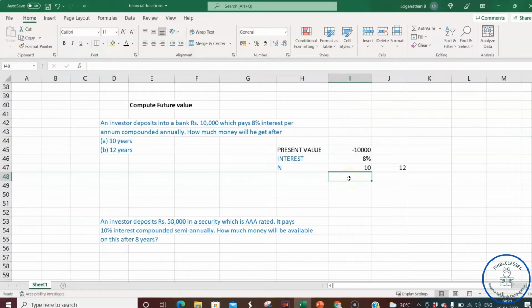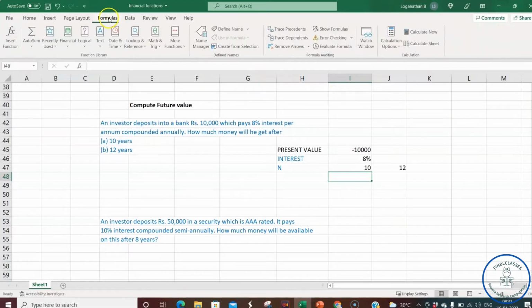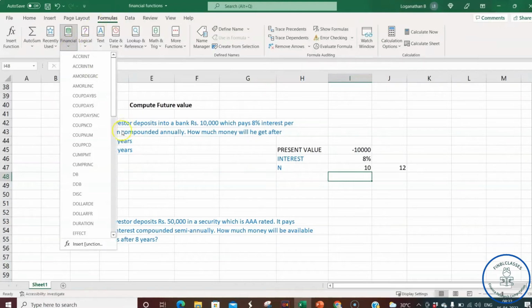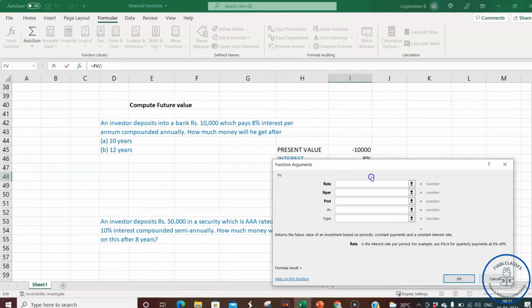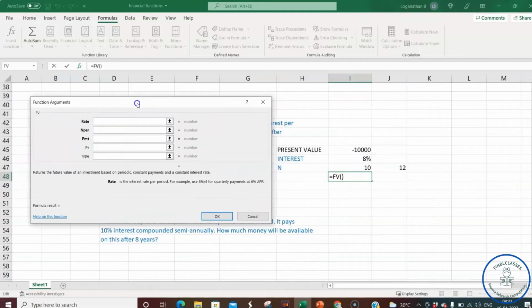In this case, I directly go to the formulas tab and select the financial function. In the financial function, I'll be selecting the FV. Then a function argument dialog box will open. Rate is 8%, so directly I type 8%. Then the number of years is 10.